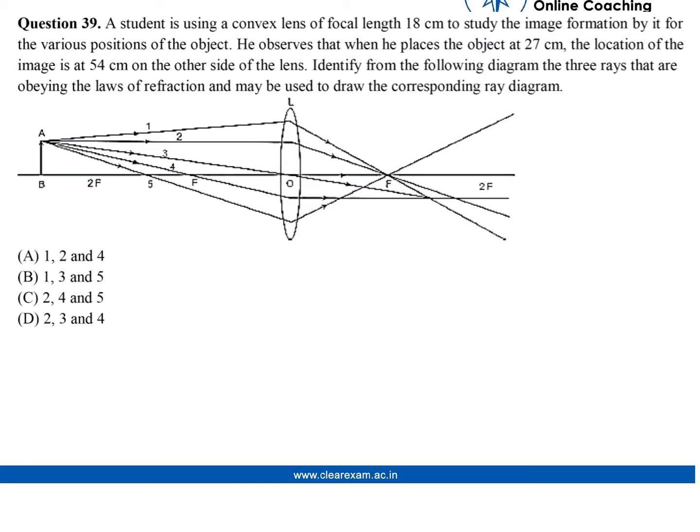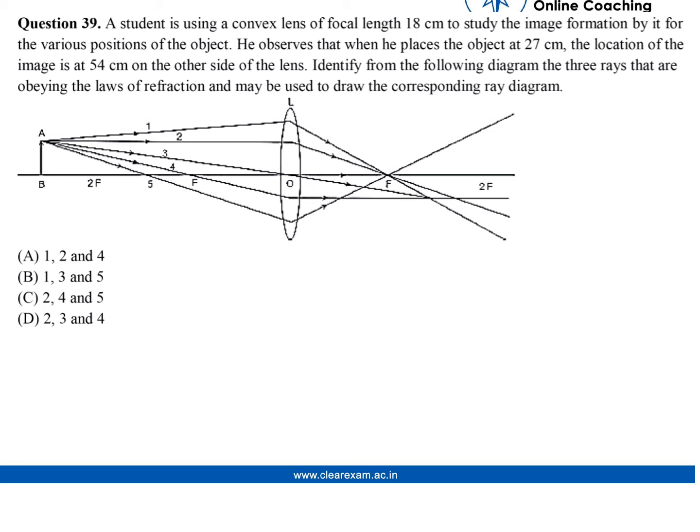One law of refraction is that whenever a ray parallel to the principal axis passes through the convex lens, it will pass through the focus. The second law is that any incoming ray passing through the optical center of the convex lens will not deviate from its path, and it will go straight.